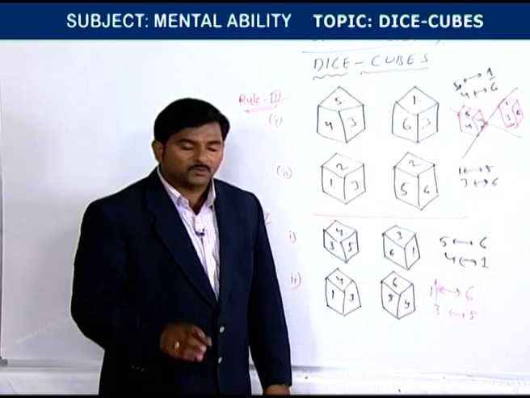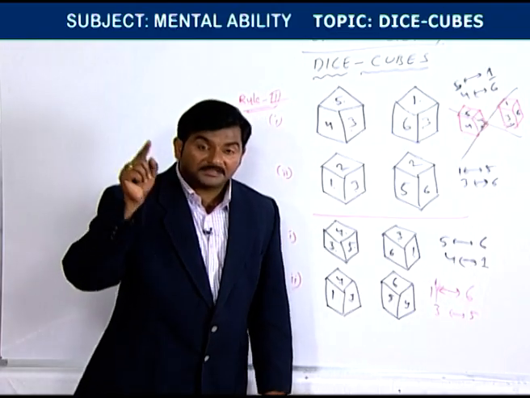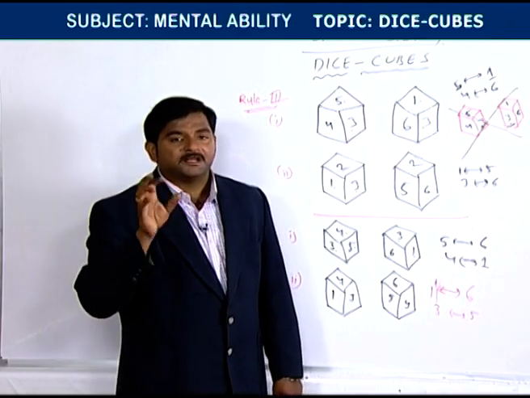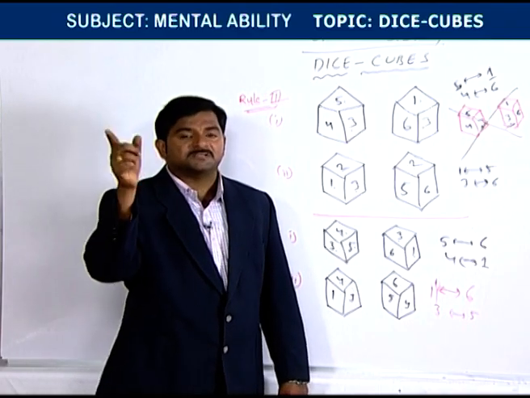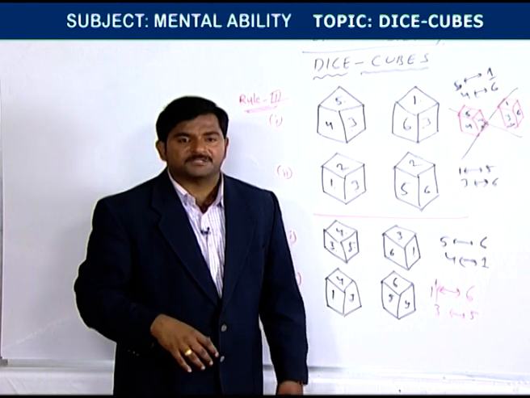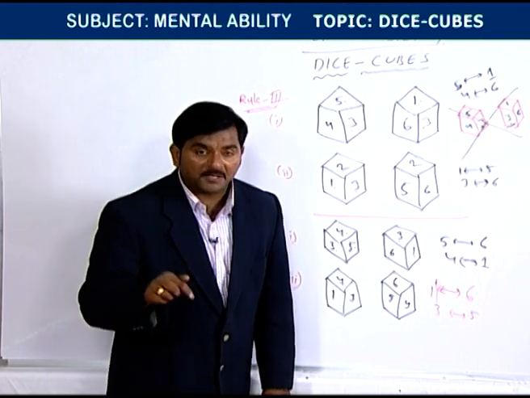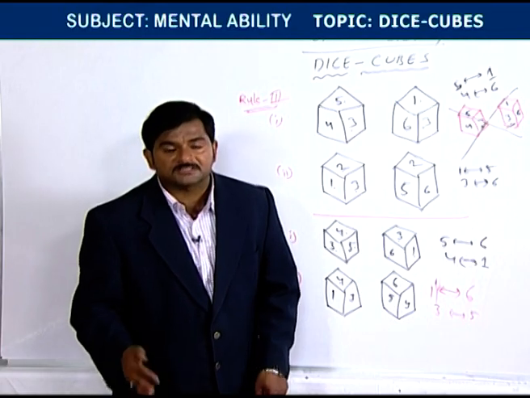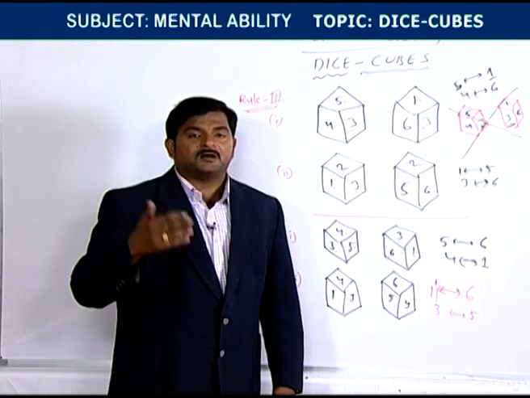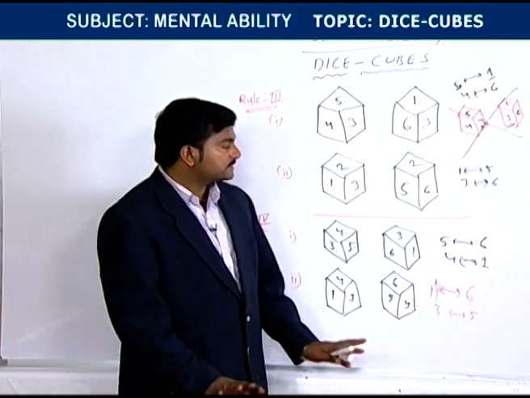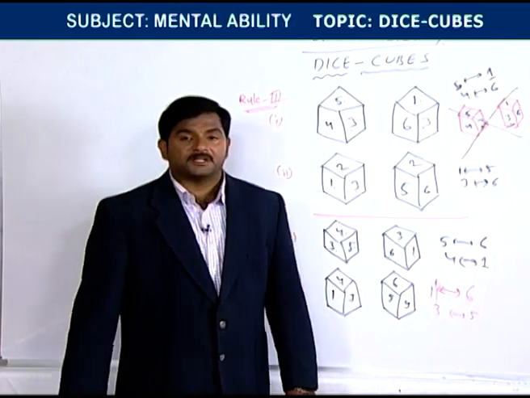In rule 3, also only one number is common, but that common number should occupy the same surface in both the diagrams, hence the remaining numbers on corresponding surfaces are also opposite to each other. In rule 4, again one number is common, but this common number should not occupy the same surface, hence the remaining numbers on corresponding surfaces should not be opposite. Okay. So these are rule 1, rule 2, rule 3 and rule 4.